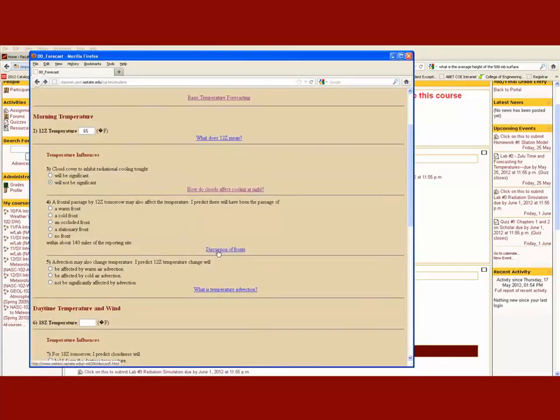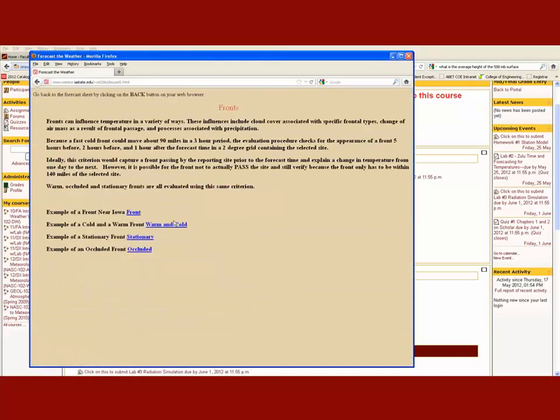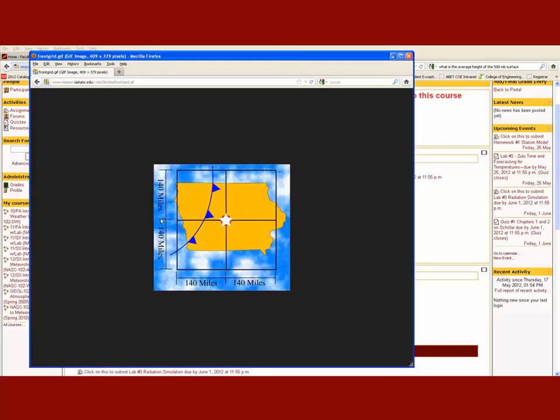Now, if you click on this link, you will see how the forecasting program, because this forecast that you make is being graded by a computer program. And so you need to understand what the program is looking for. So basically, here's an idea of an example of a front near Iowa.